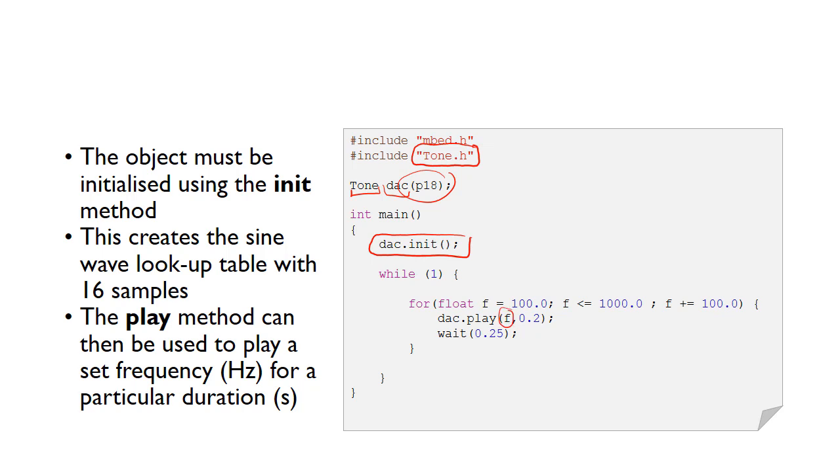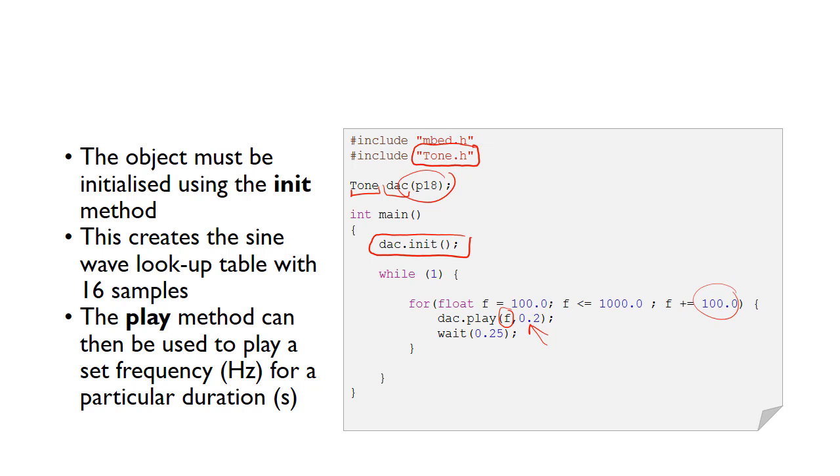This is inside a for loop that goes from 100 up to 1000 in increments of 100. So it's going to play a tone of 100 Hertz for 0.2 seconds, then 200 for 0.2 seconds, 300, 400, 500, up to 1 kilohertz.